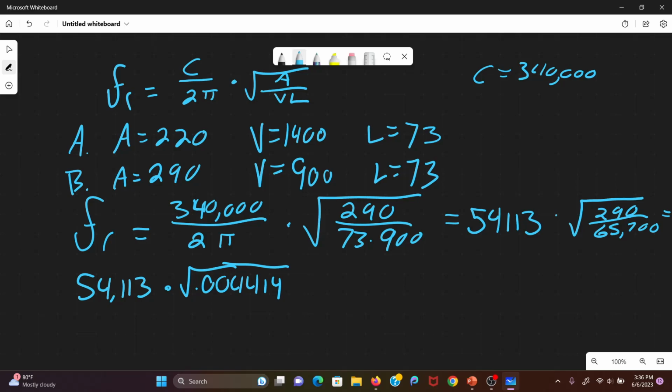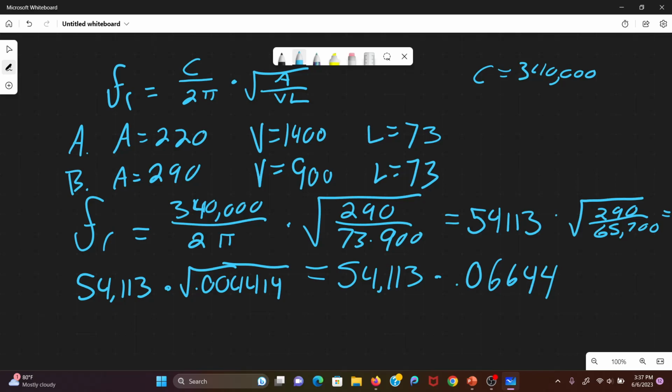Okay. So the square root of that, just, sorry, before we do that, fill in 54,113. The square root of 0.004414 is 0.06644.